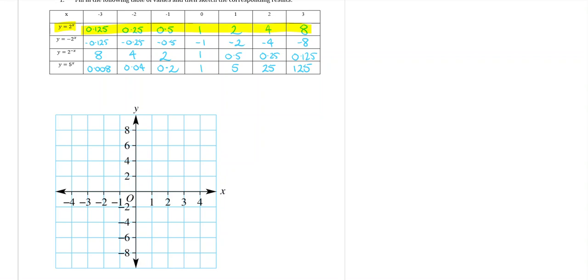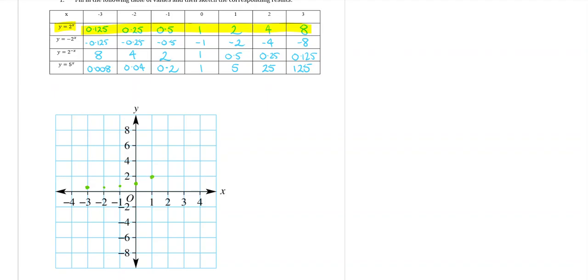So first one, when x was -3, we have a very small value of 0.125. Then we have 0.25, 0.5, and then 1, okay, because each of my grid marks is going up by 2, so 1 is only half that space there.